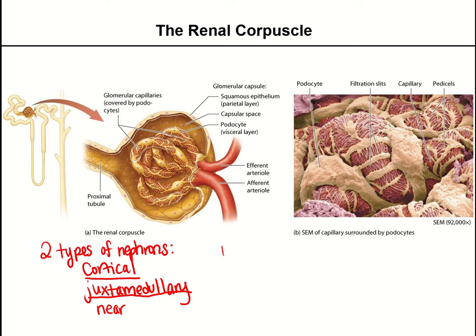And the parts of the nephron we're going to look at will include our renal corpuscle, which is going to include our glomerulus and our glomerular capsule and our capsular space.